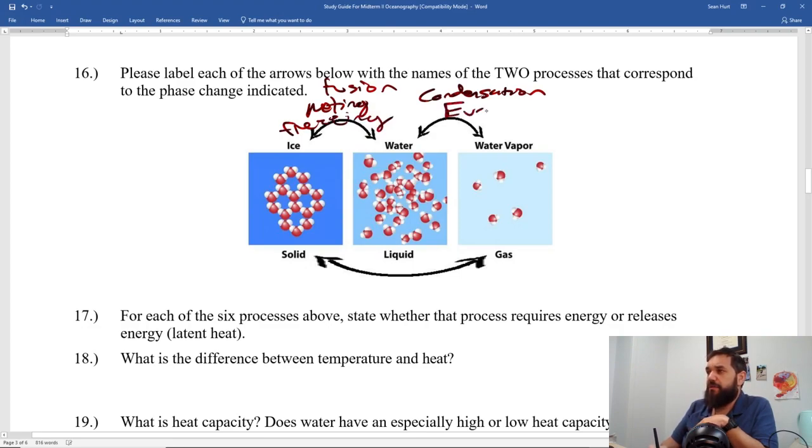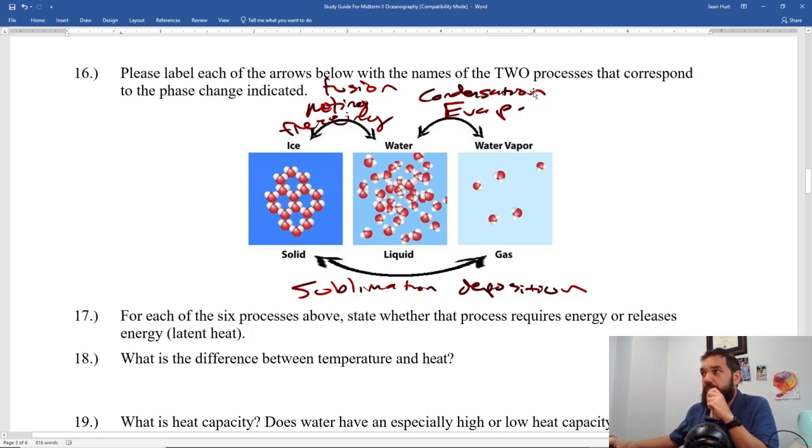Now down here, when you skip the liquid phase, you go directly from solid to gas or gas to solid. We call that either sublimation or deposition. Sublimation is when you go from a solid to a gas. Gas to solid, we call that deposition.